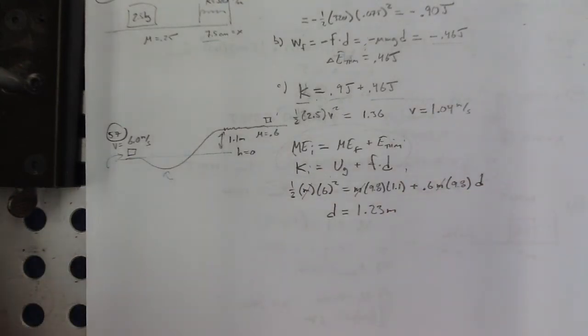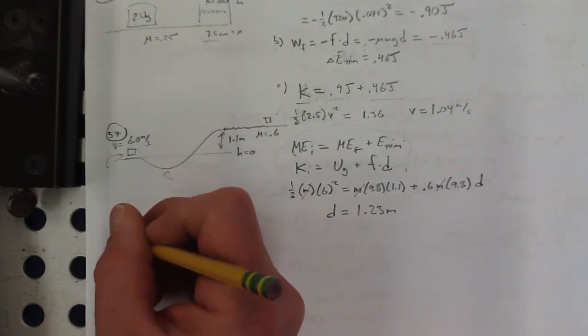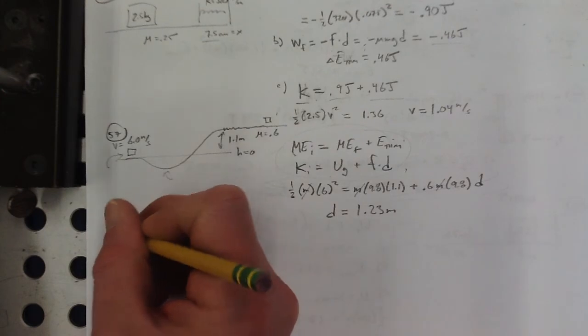Well, that's what I got. I'm not going to show you any of my arithmetic. And looks like my arithmetic was okay. So one more, 59.